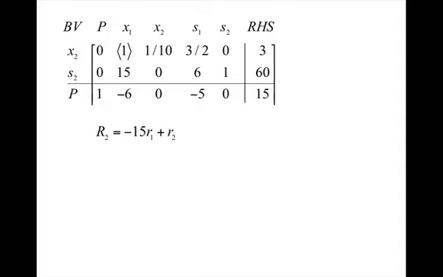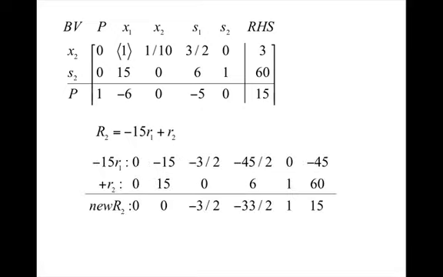So let's begin with the -15 times row 1 plus row 2. Well, -15 times row 1 gives me a 0, a -15, a -3/2. Be sure to always reduce the fractions. A -45/2, a 0, and a -45.